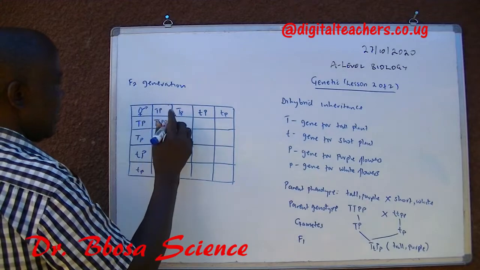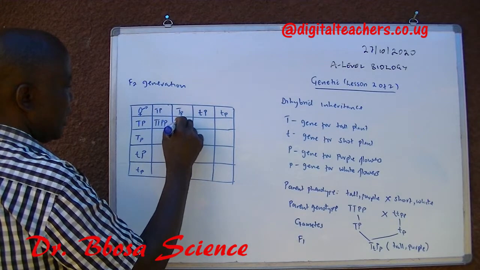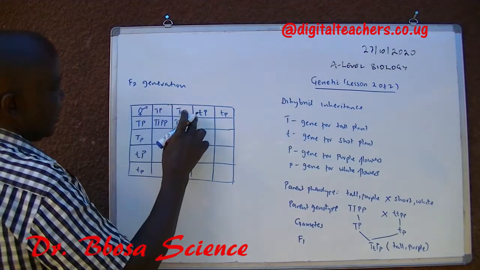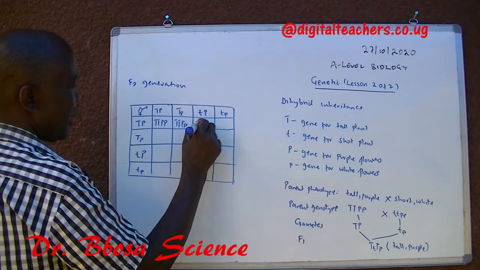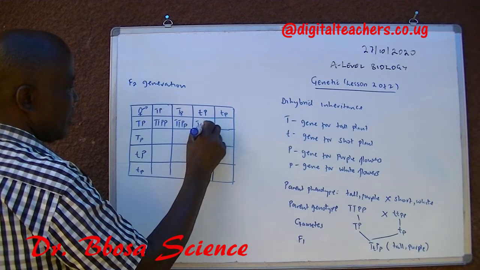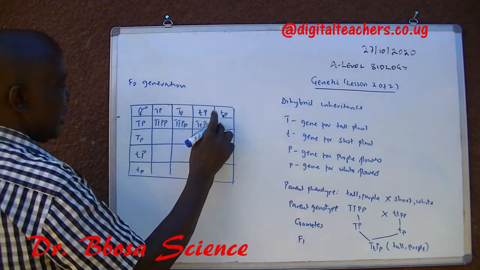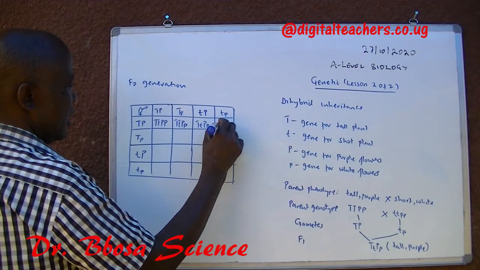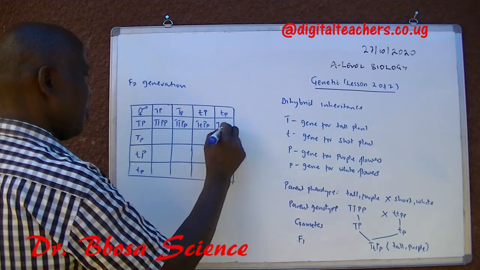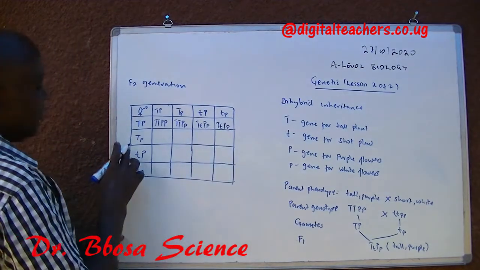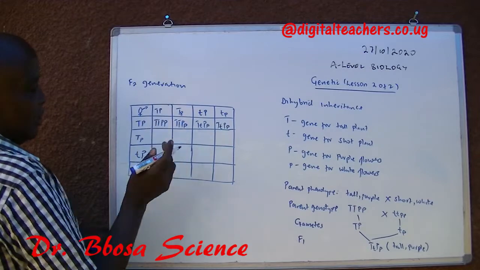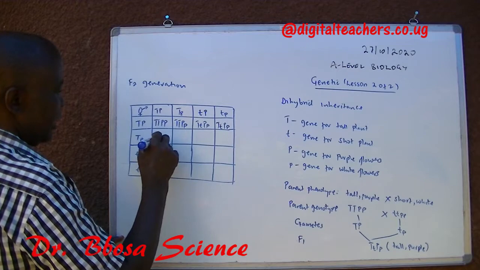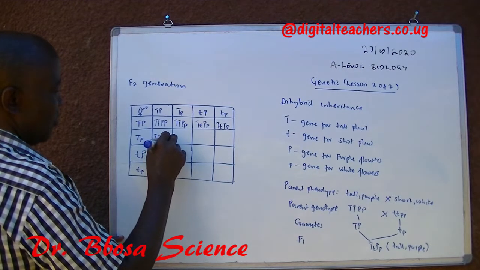When this one meets with this one, it will be capital T, capital T, capital P, small p. When this meets with this, it will be capital T, small t, capital P, small p. When this one meets with this, we will have capital T, small t, capital P, small p. If this fertilizes this one, we shall have capital T, capital T, capital P, small p.